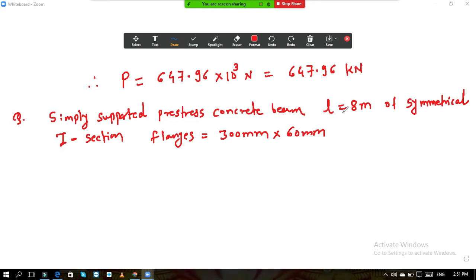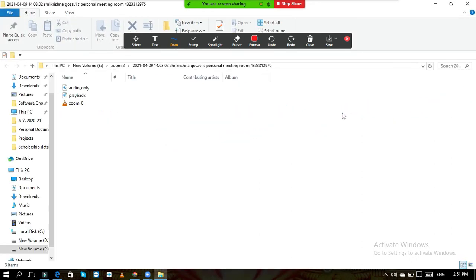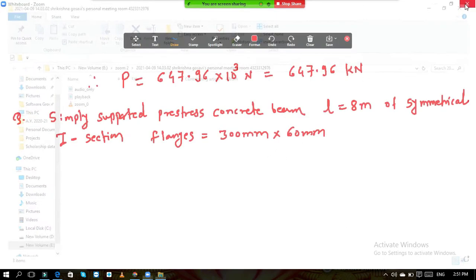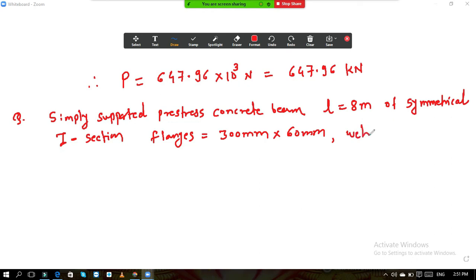What is the thickness of web? So web is given as 60 by 180 mm. Okay, so flanges are given, top and bottom flanges 300 by 60, web is 60 by 180.